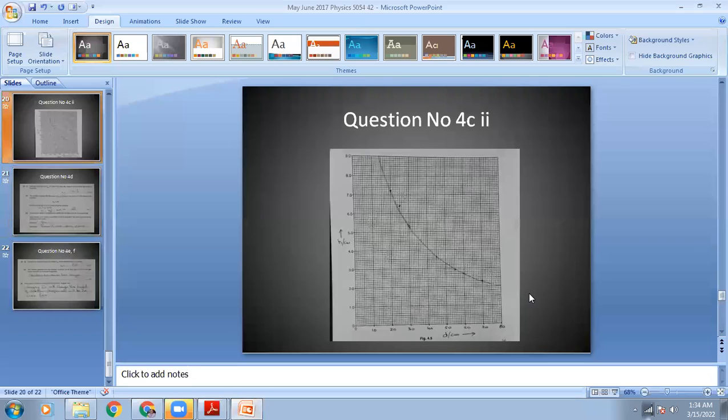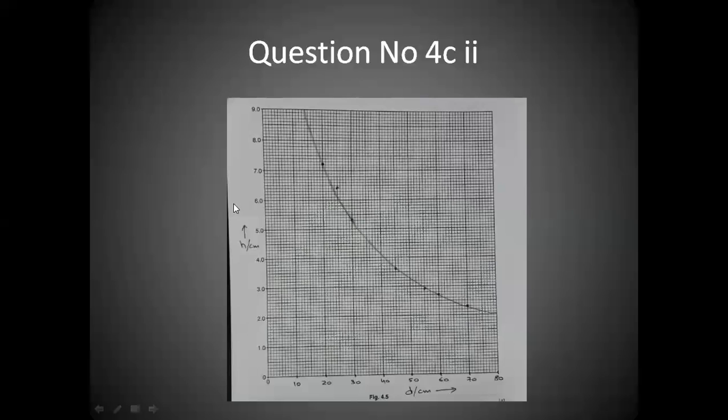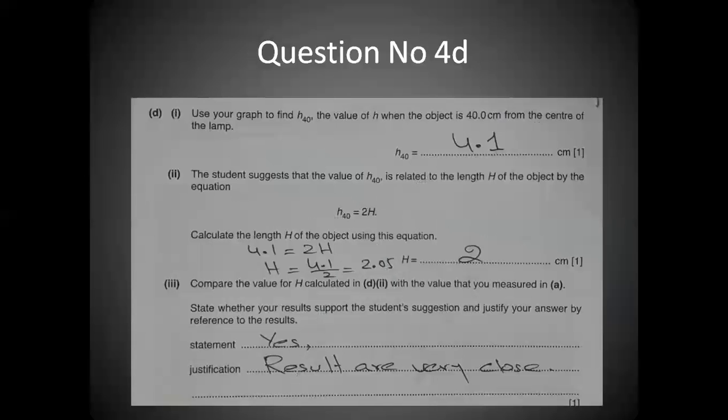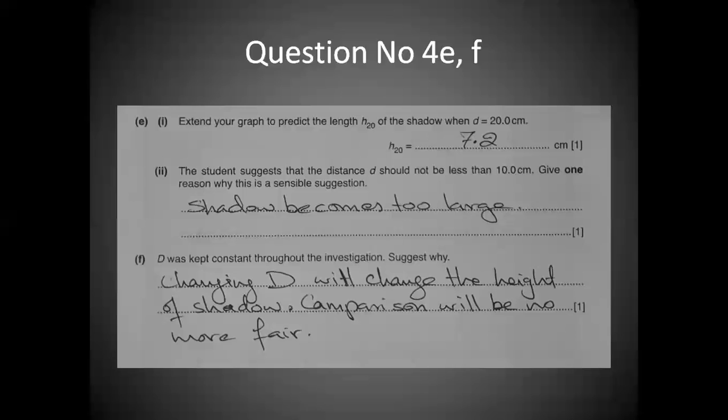So when the D is 20, from here I will go to the graph and I will check what's the reading. It is 7 point something. It is 7.2.